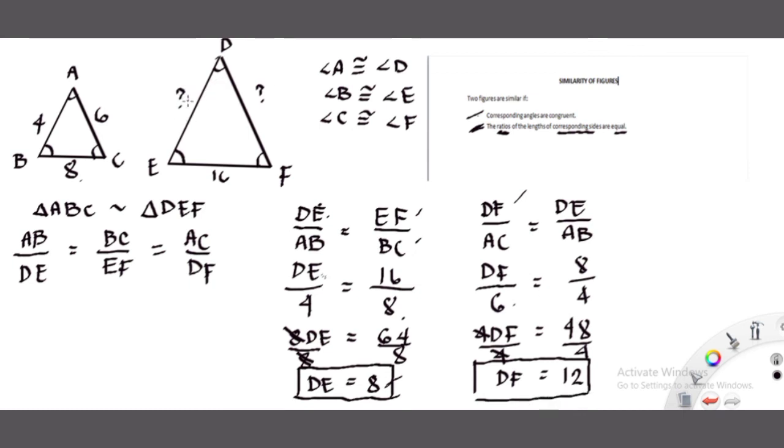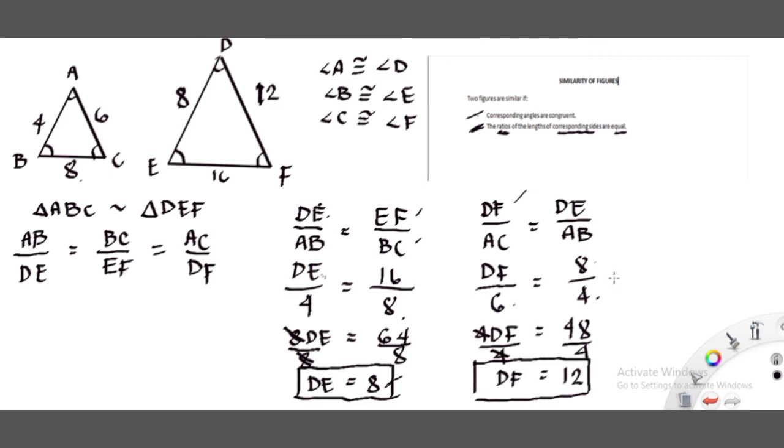So here, DE is equal to 8, and then DF is equal to 12. Actually, guys, pwede nyo na rin siyang i-convert to lowest term para mas maliit yung value na makuha natin. Or hindi na tayo mag-simplify mamaya. Or mag-simplify sa final answer. 8 over 4, pwede na siyang i-simplify to 2 over 1.